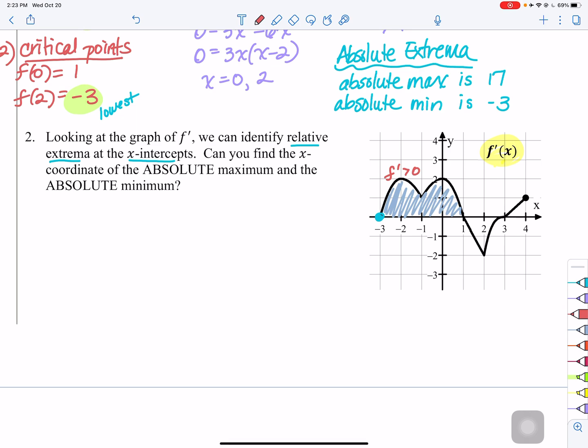And so this entire time we are increasing. So the graph f is increasing. So here f is increasing. So it is going to increase all the way until we get to x equal to 1.